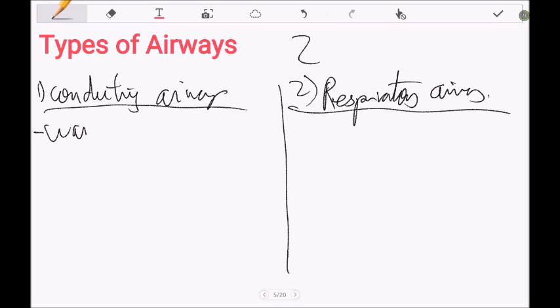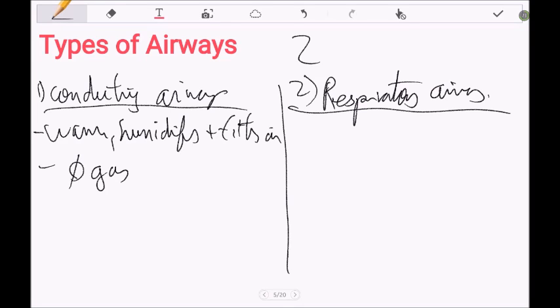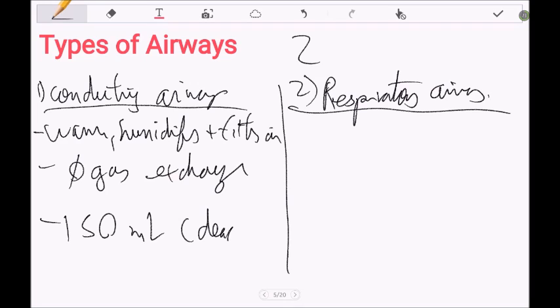So they warm, humidify, plus filter the air, with no gas exchange. It's about 150 milliliters of air, so it's called dead space.